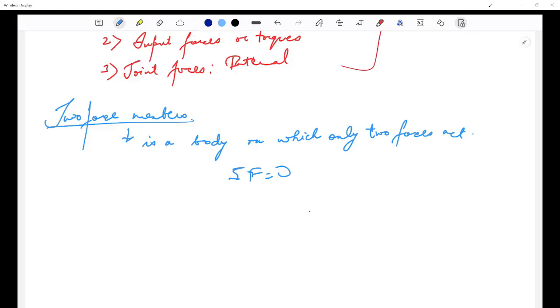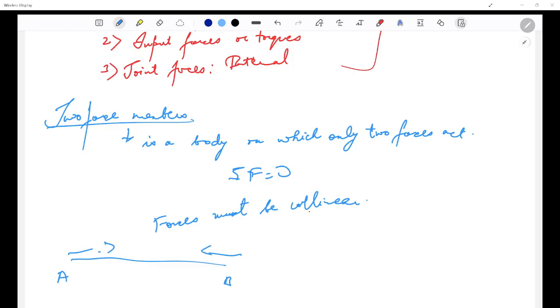That means forces must be collinear. So for example, if a link AB is a two force member, then the force must act along the line AB. This simplifies analysis significantly.